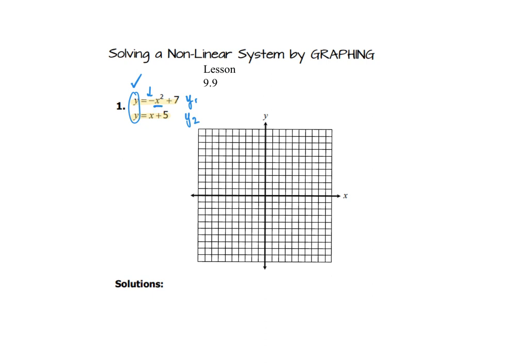Anytime x is squared, we have a quadratic, right? Quadratics are parabolas. If there's a negative, it's sad. So we have a sad parabola. And then we have a linear equation, a line that has a positive slope and is moving up, and you can see that they are intersecting 2 different times.